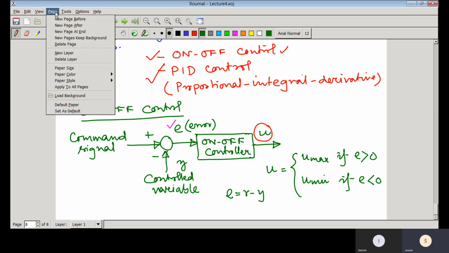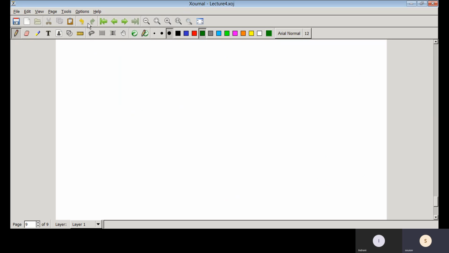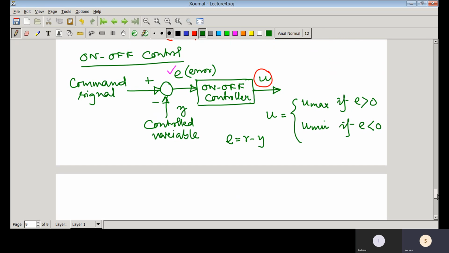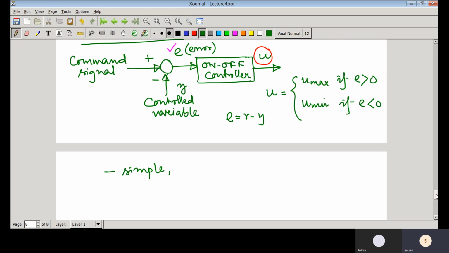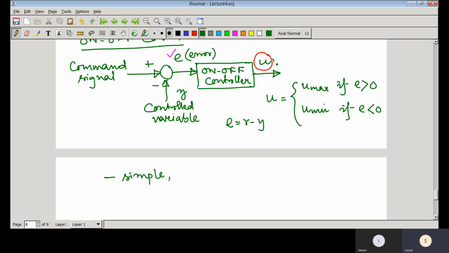Just from this structure we can understand that the control strategy is very simple. This is a simple form of controller, and we have not chosen any parameter to get the control output.